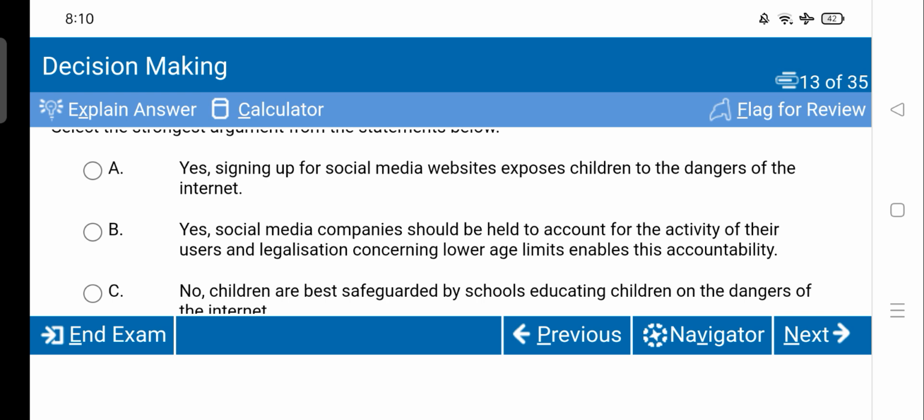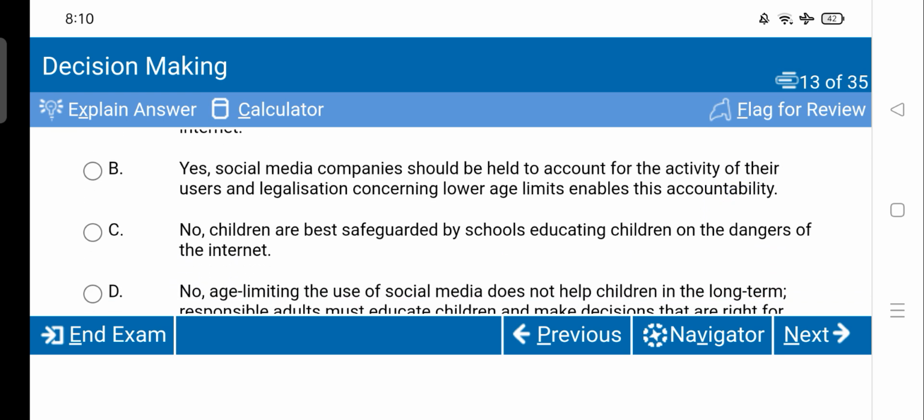Option B, yes, social media companies should be held to account for the activity of their users, and legalization concerning lower age limits enables this accountability.